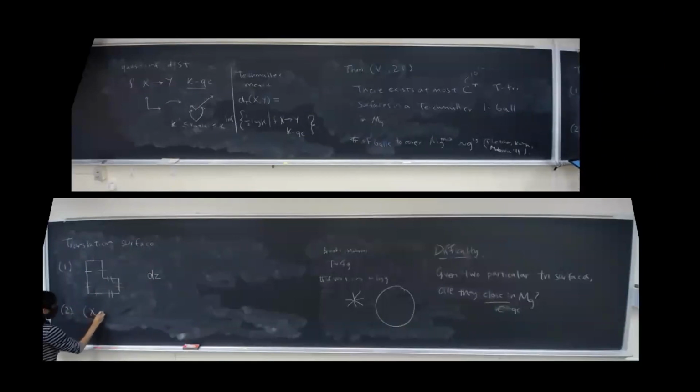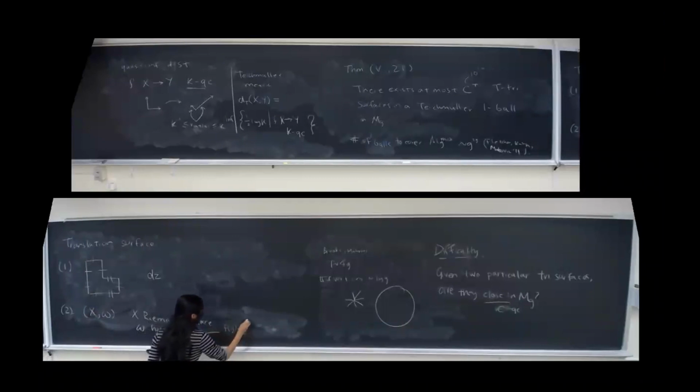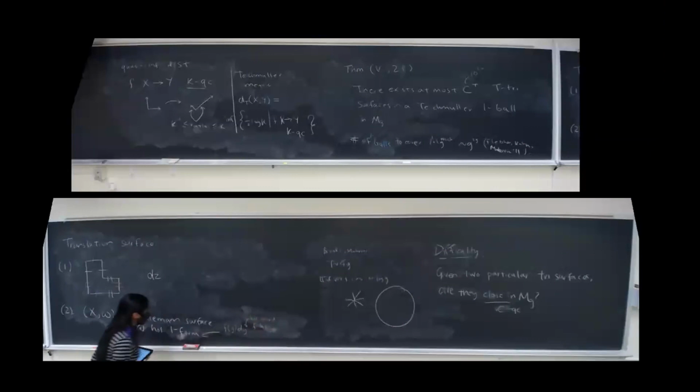It's a pair (X, omega), where X is a Riemann surface and omega is a holomorphic one-form on it. Let me explain what a holomorphic one-form is. It's something that locally looks like f(y) dy for a holomorphic coordinate y, where f is holomorphic.